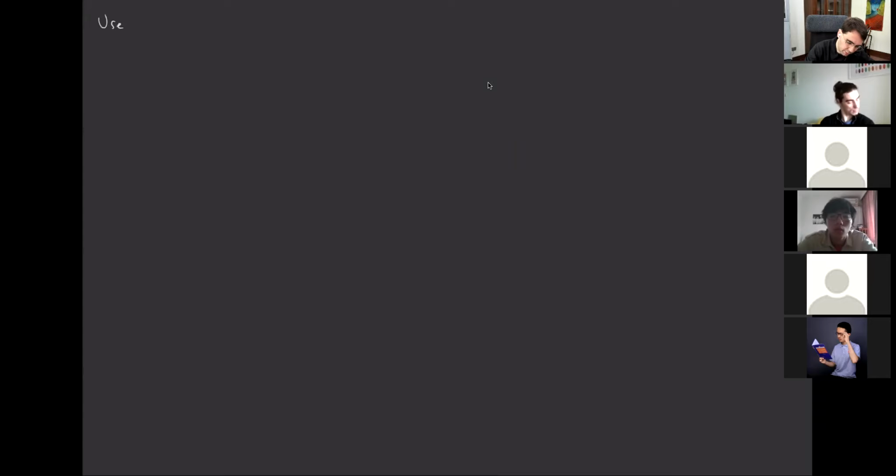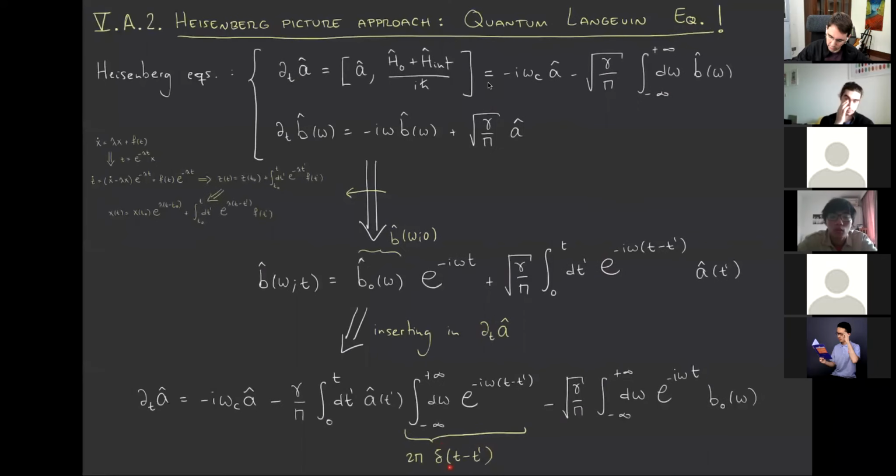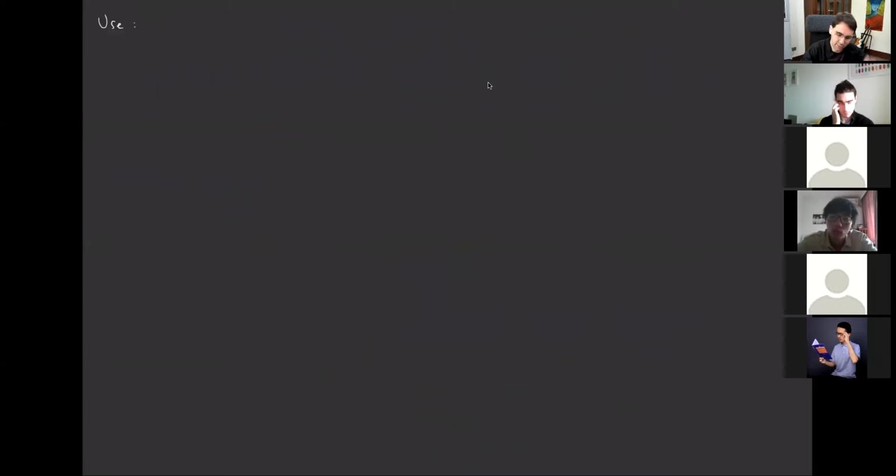In particular, first of all, we have to integrate out the delta function. So we use the delta function to remove the time integral. But note that the condition t prime equal t is exactly at the boundary of the integration domain. And then I need to use the following property of the delta function. So let me write it down.